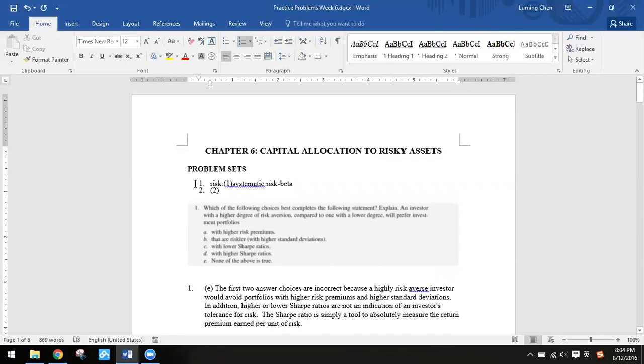And the other is non-systematic risk, which is the variance or standard deviation of a single stock.